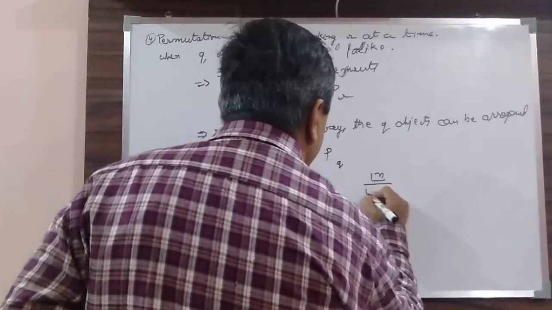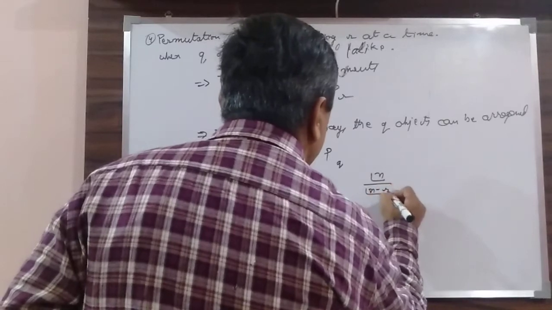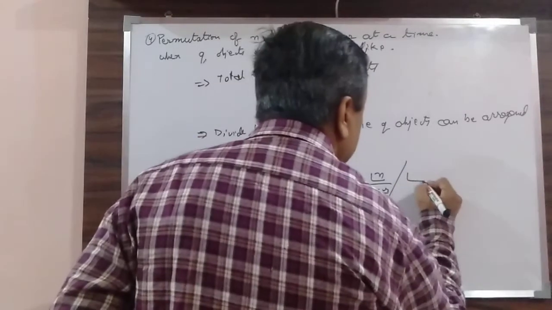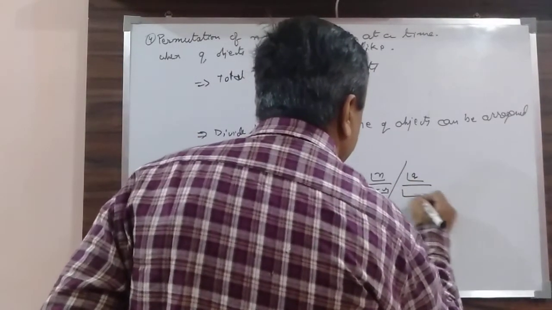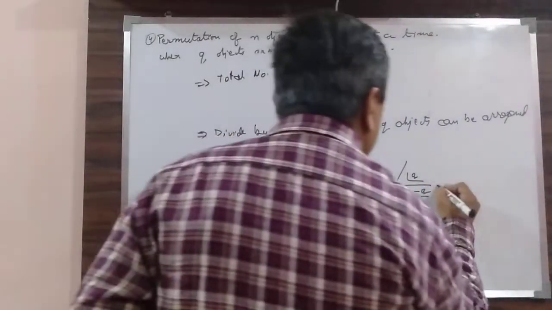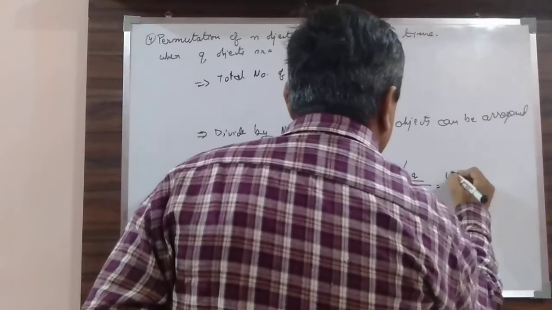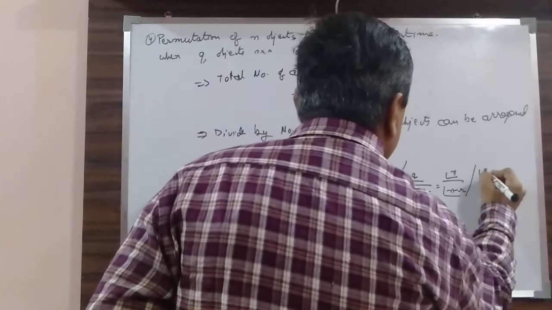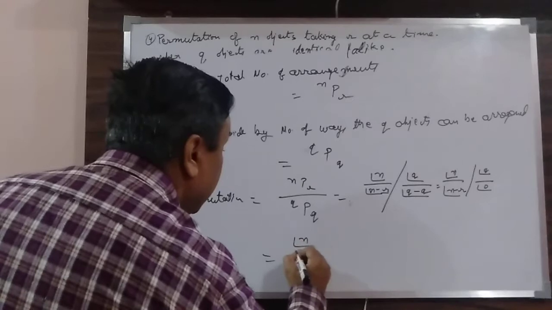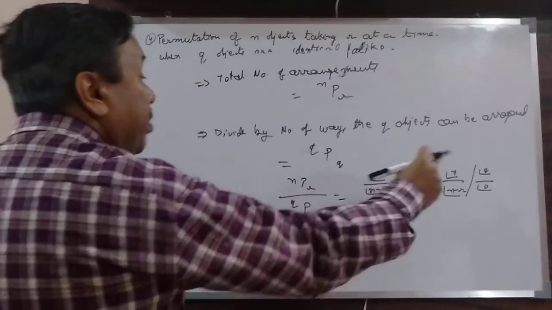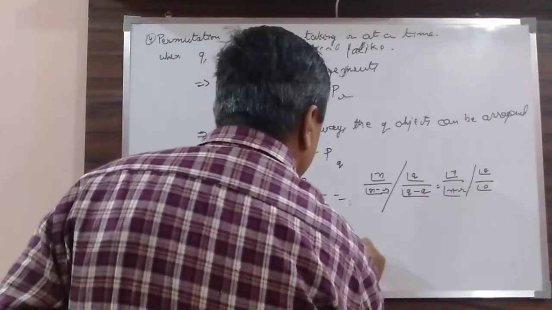Factorial N divided by factorial N minus R, divided by factorial Q divided by factorial Q minus Q. So this is equal to factorial N over factorial N minus R divided by factorial Q over factorial 0, or I can write it as factorial n divided by factorial n minus r multiplied by the reciprocal of the denominator, so it will be factorial 0 over factorial q.